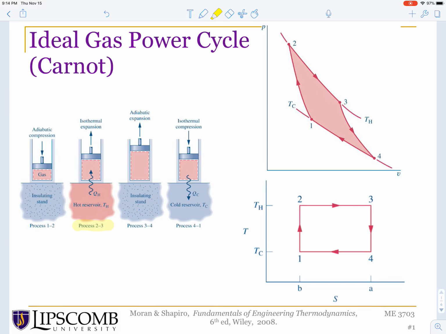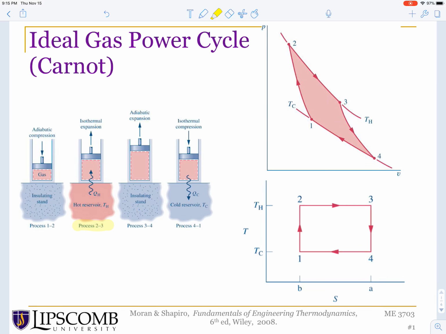On the schematic here, we intuitively, hopefully, can understand that as heat transfer occurs to the air, the working fluid, as an ideal gas, the gas is going to want to expand. And so conceptually, we'd have to allow that to expand to keep it at the same temperature.